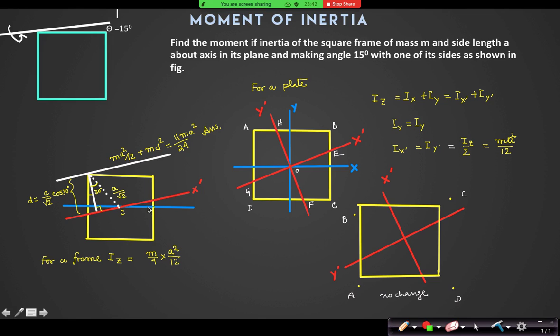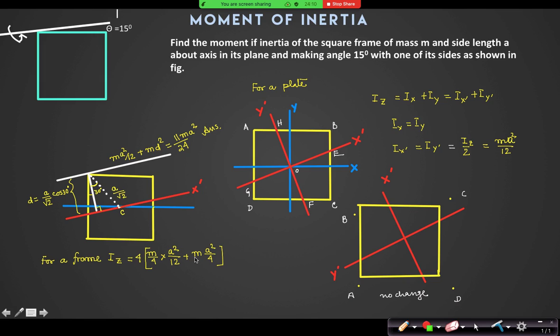Now I will parallelly shift that axis from here to here. Through point C. Parallelly I can shift it with addition of ms square by 4. Then I can multiply it by 4 here. The total mass of the frame is m, so each of the rod has mass m by 4.